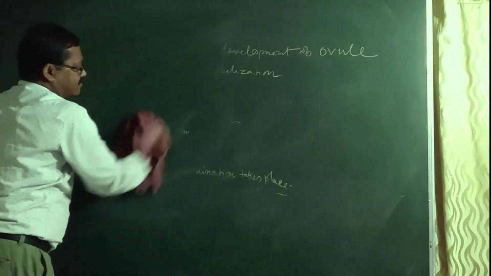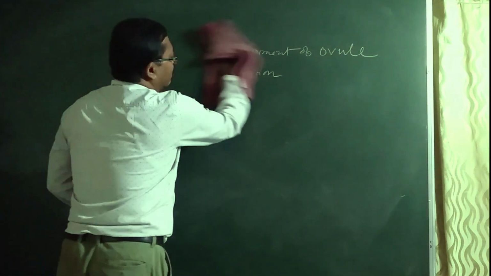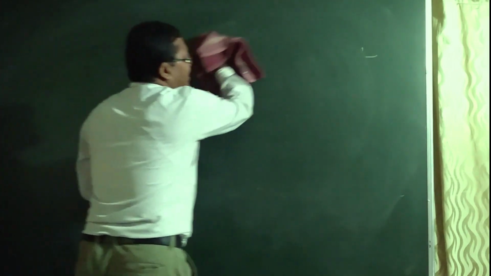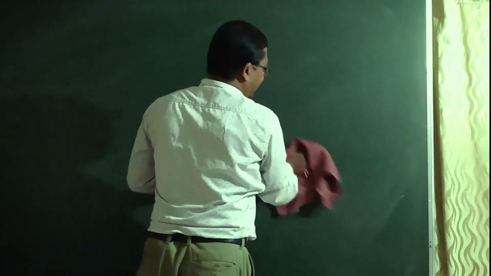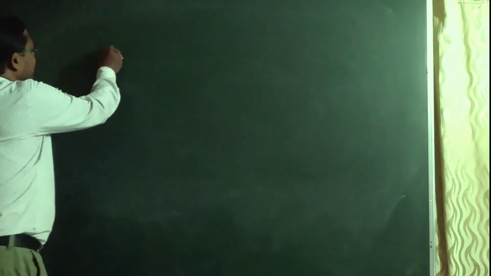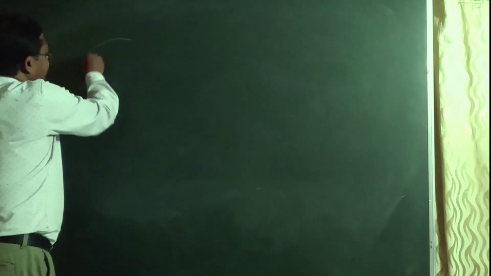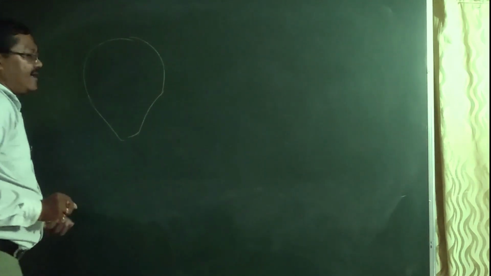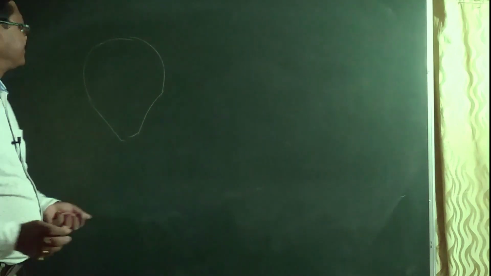Later, why are all these factors, oxygen, temperature, sunlight as well as water, required for the germination of the seed? Before that, how does a seed germinate? Suppose this is a seed, this is a sisal seed.